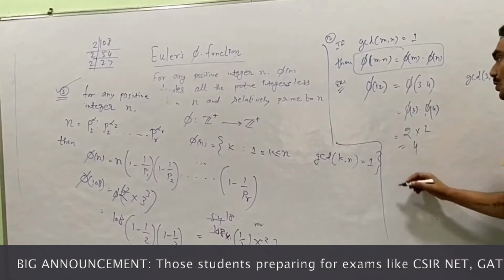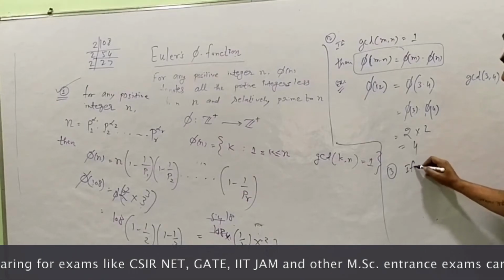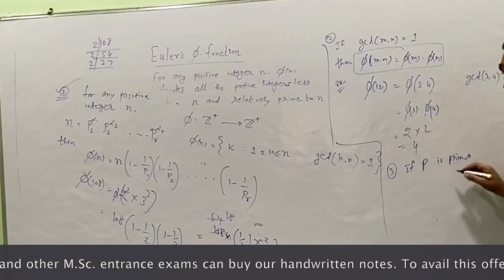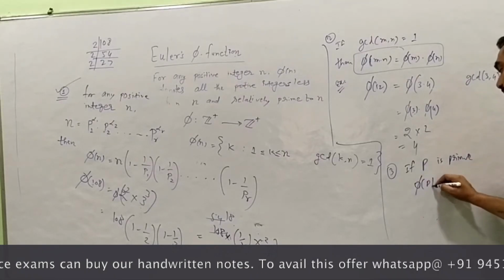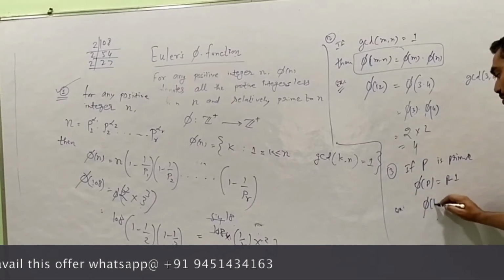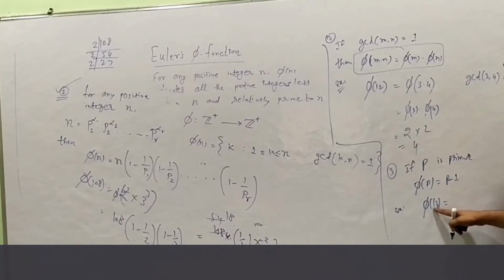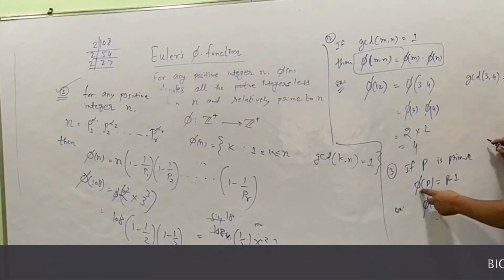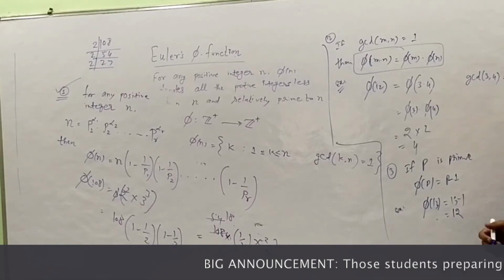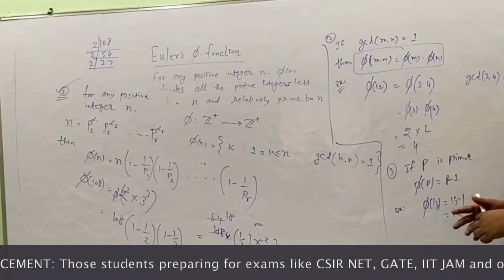Let us see another property. Suppose p is a prime number, then phi p is equal to p minus 1. For example, to find phi 13, 13 is a prime number, so phi p is p minus 1, that is 13 minus 1, which is 12. This is a very important formula.